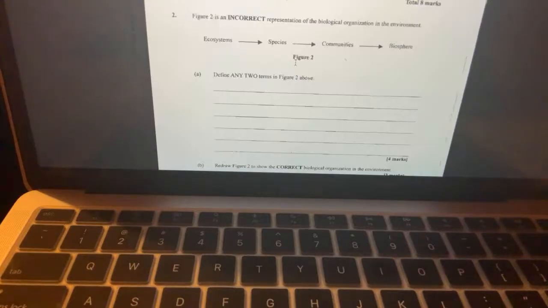So what is an ecosystem? Anybody want to attempt that one in the chat? So an ecosystem, what is it? It is a community of all the physical, the biotic and the abiotic aspects of the environment, right?